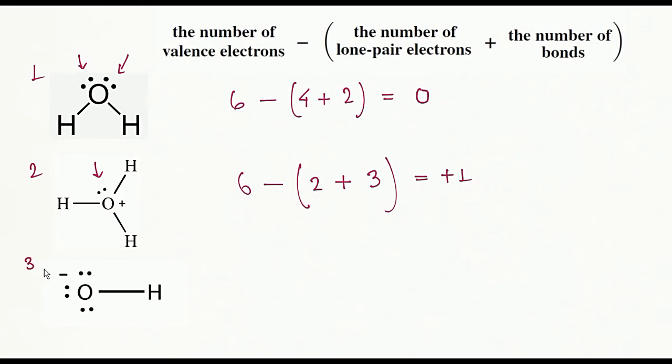Number 3, the last one, hydroxide ion. In the hydroxide ion, 6 lone pair electrons plus 1 covalent bond. Therefore, the formal charge is minus 1.